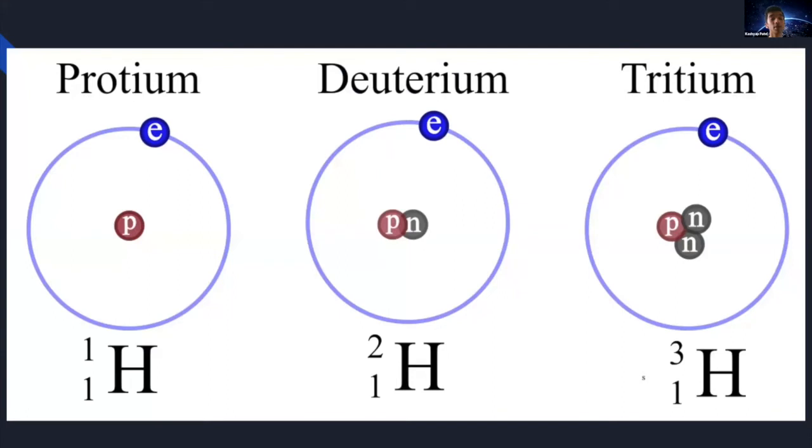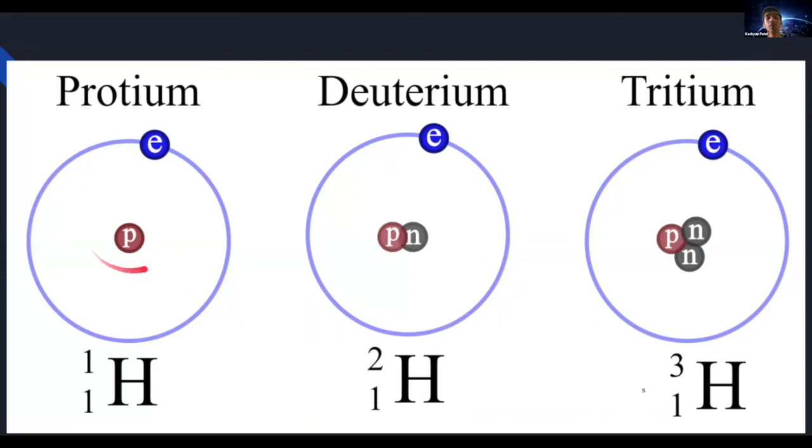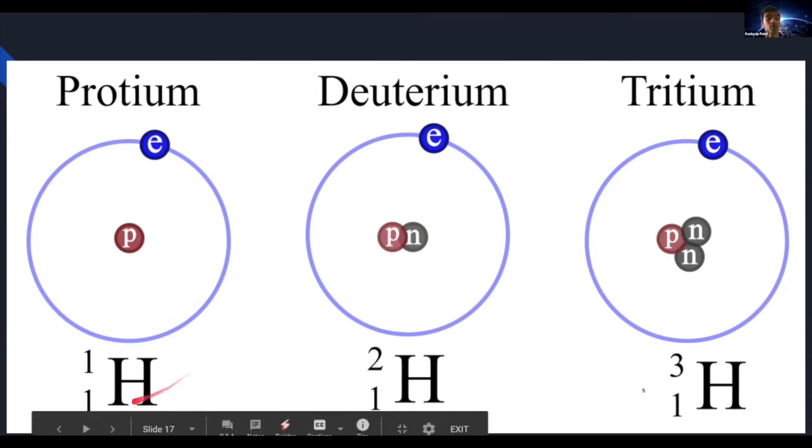So this is another image showing you the different types of hydrogen, because hydrogen always has 1 proton. There's protium, deuterium, and tritium. They're all isotopes of hydrogen because they differ in the number of neutrons. Now this notation is called a nuclear symbol.